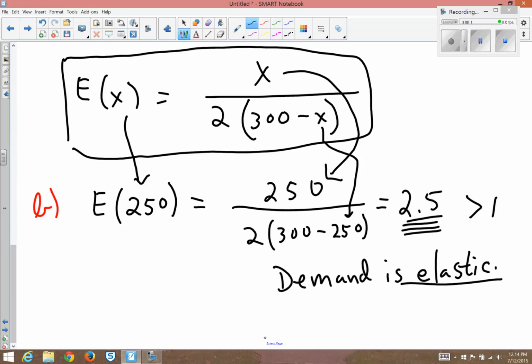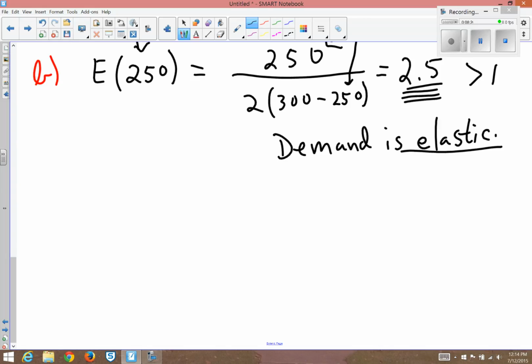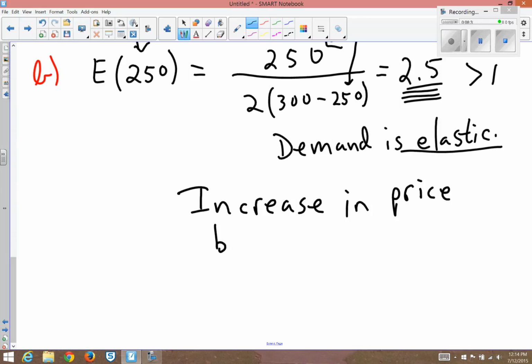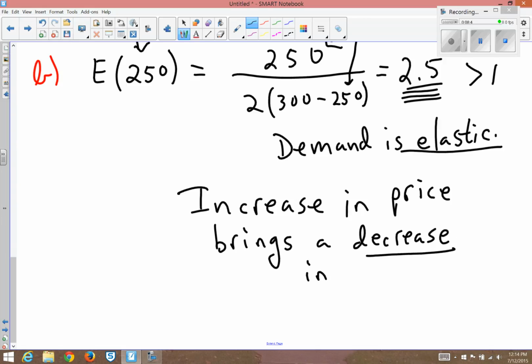When demand is elastic, we mean an increase in price will bring a decrease in revenue. Demand is elastic whenever the elasticity is greater than 1.